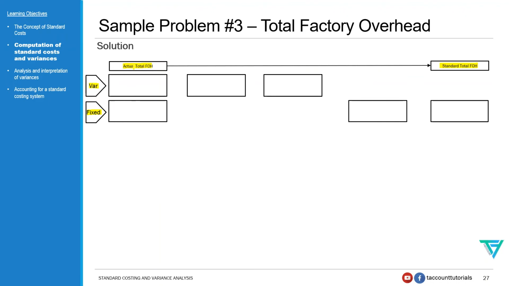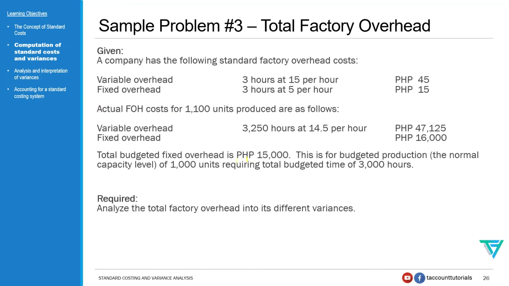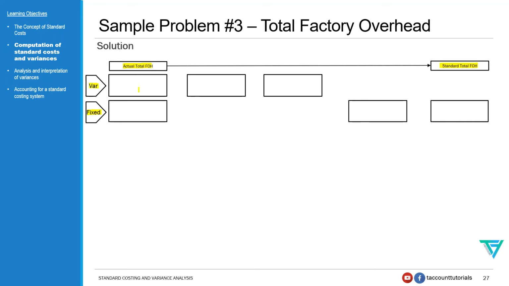Let's first plot the total factory overhead here to keep things simple. So variable, let's go back to the given. Let's go to the actual cost, okay? Since the total here is already given, we could plot these two amounts in these first two figures, okay? Right, so very simple, we just plot them.